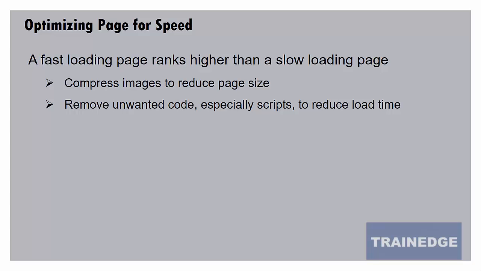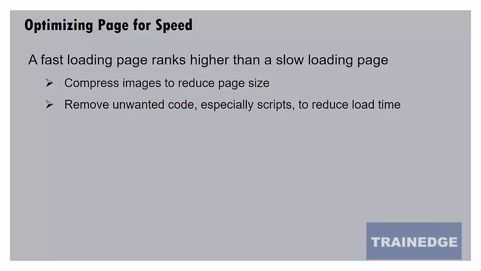Everyone loves fast loading pages, and therefore fast loading pages also rank higher in search results. To increase the page speed, you should compress images so they become smaller and therefore will download faster. Remove any code that is not being used, especially scripts.